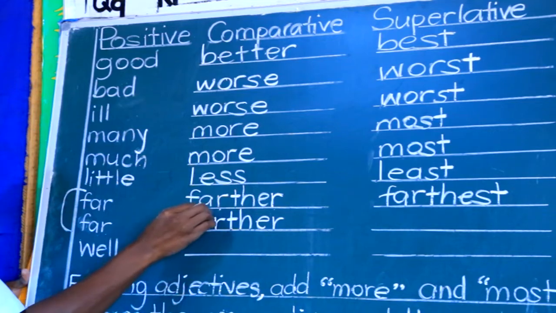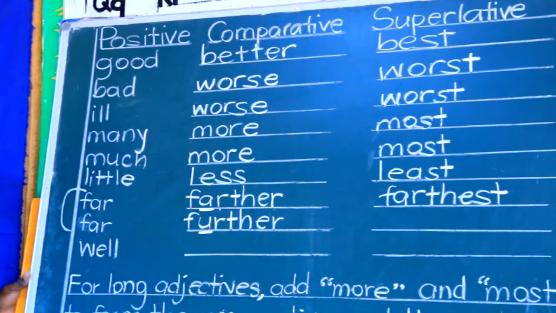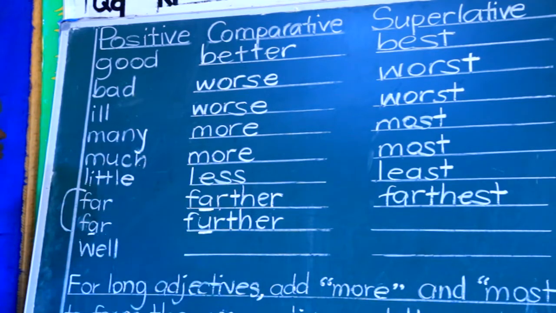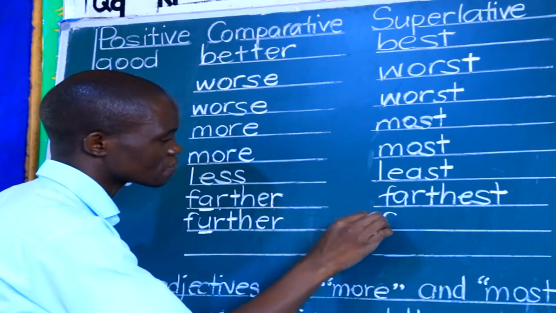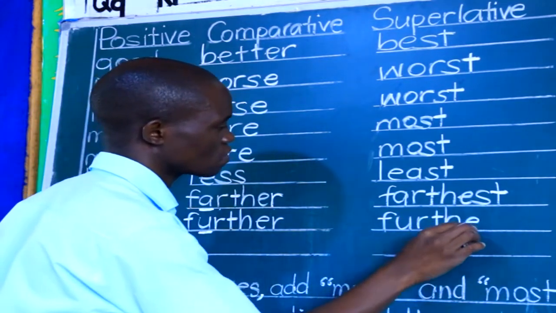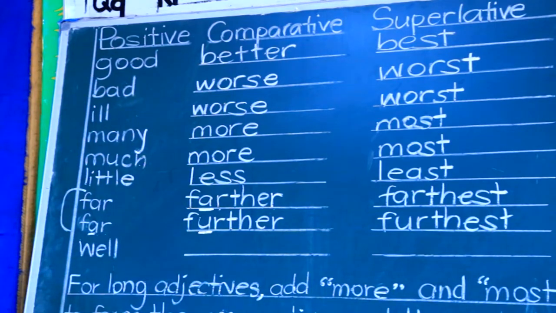It's not a big difference, just a slight difference. Here we have letter A, and here we have letter U in the second position, but the same pronunciation. From far to further, where A has changed to U, then to furthest, F-U-R-T-H-E-S-T.